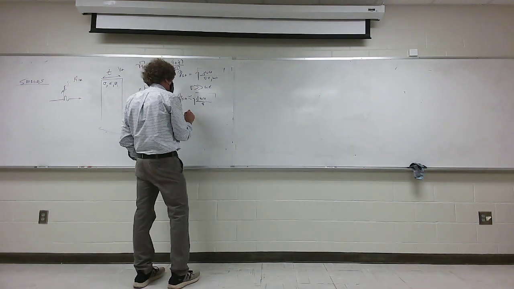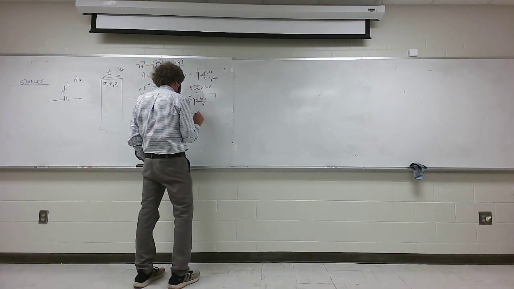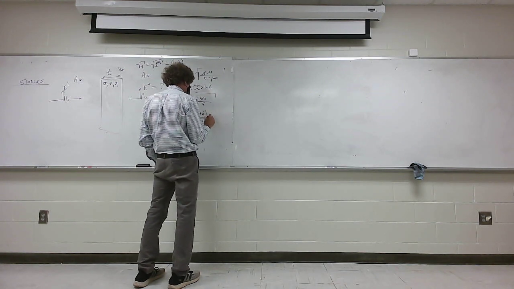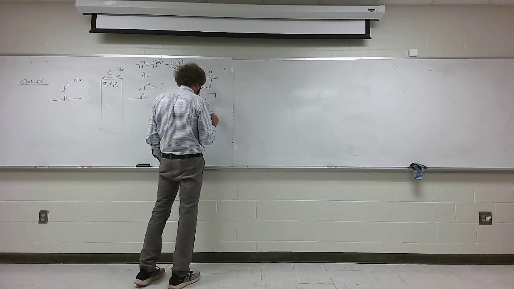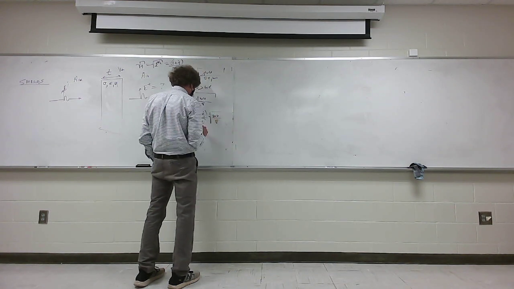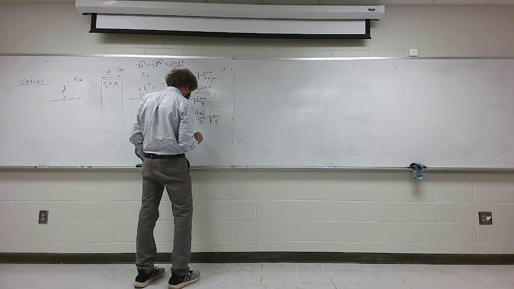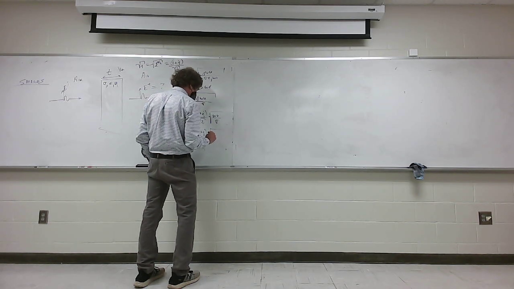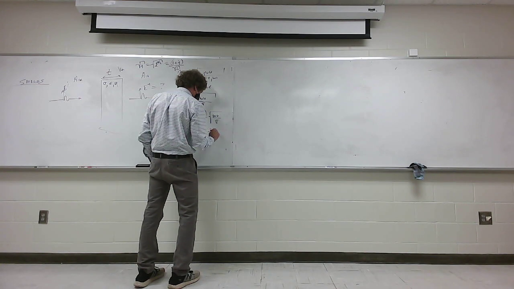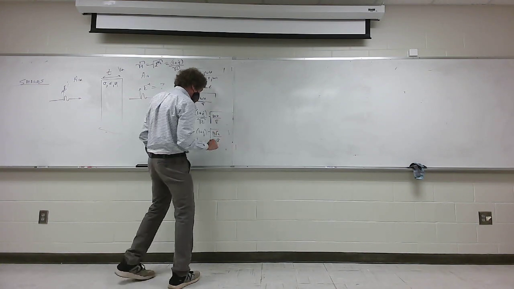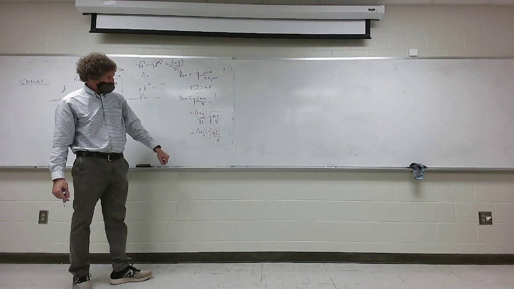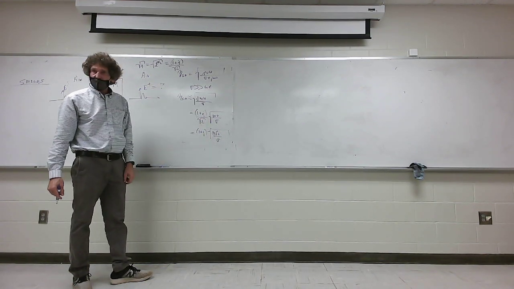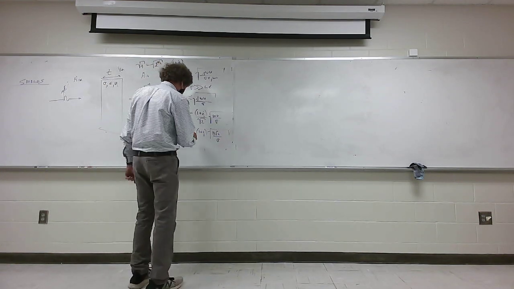So I can write this as either 1 plus j over the square root of 2 times the square root of omega mu over sigma, or as 1 plus j times the square root of pi f mu over sigma. The reason I'm doing this is omega is 2 pi f, and if I bring the square root down here, the 2's cancel. It's just showing you other ways to write this.